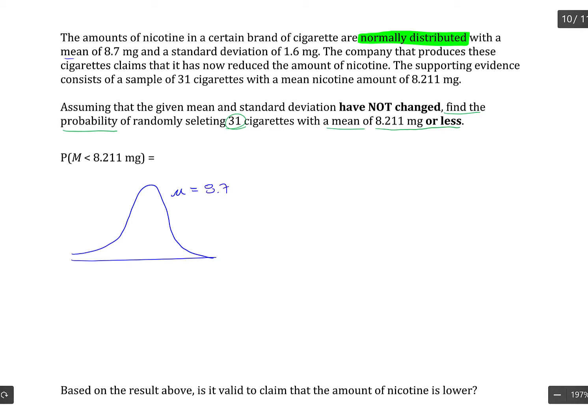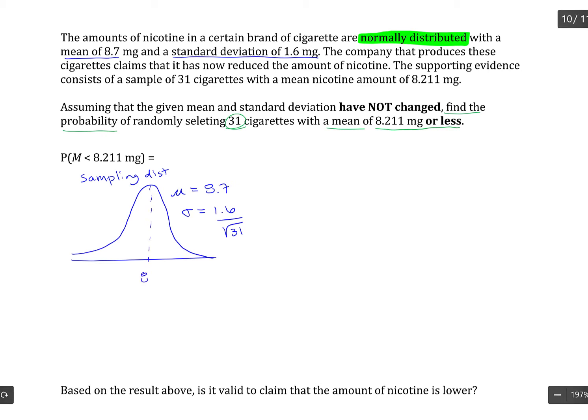8.7. The standard deviation of this population is 1.6. But since we have a sample of 31 cigarettes, we are going to take that and divide by the square root of 31. So we're not looking at the distribution of the population, we're looking at the sampling distribution now, and the sampling distribution has that reduced standard deviation.